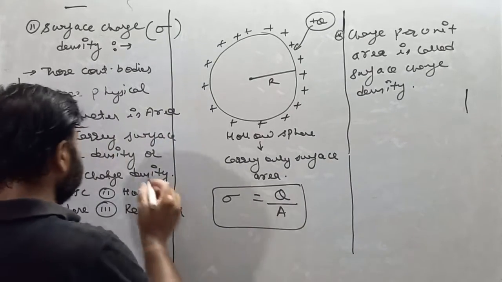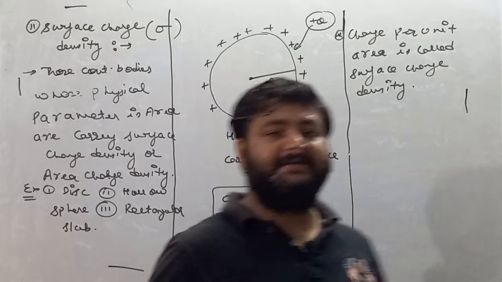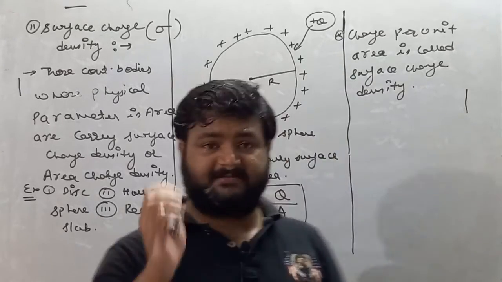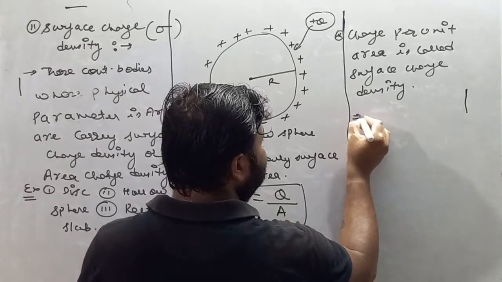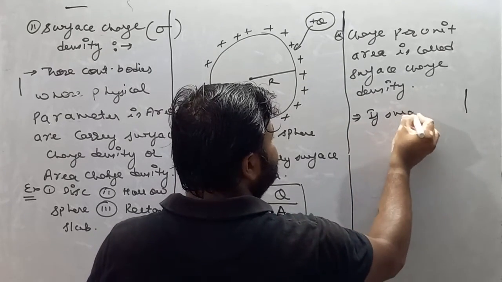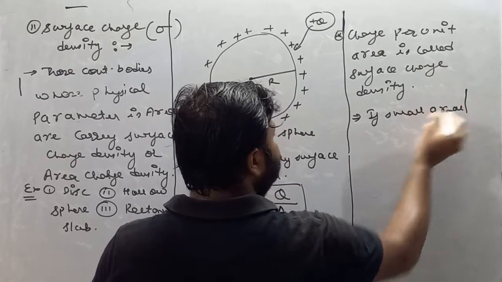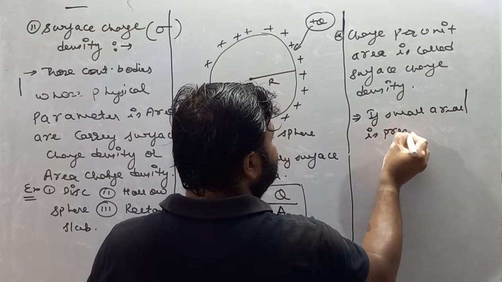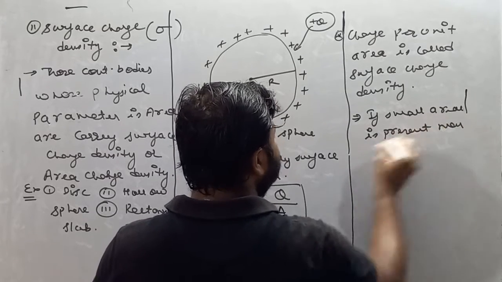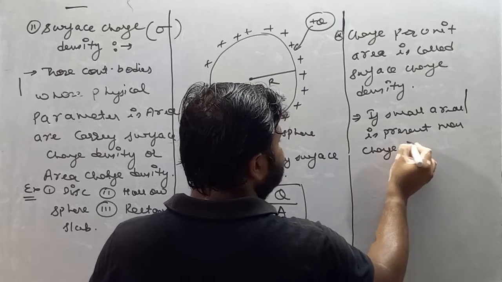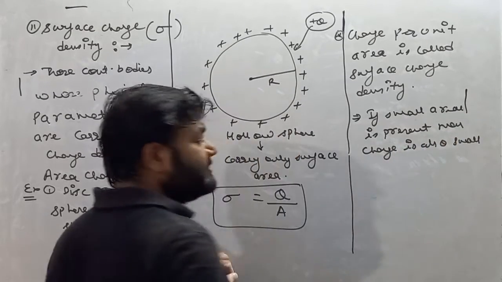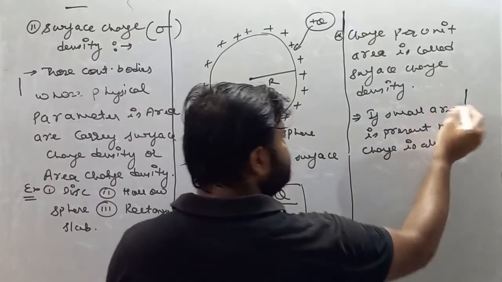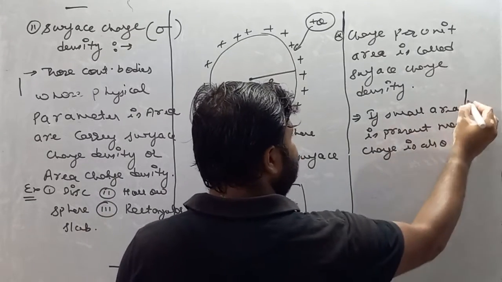Now see, if we wish to find a small amount of charge, if a small area is present, then the charge is also small. Small area means dA.